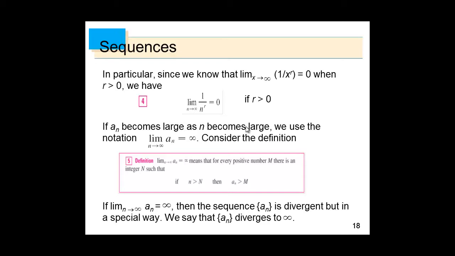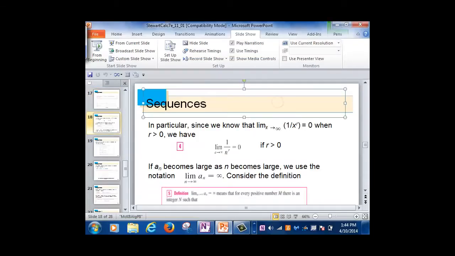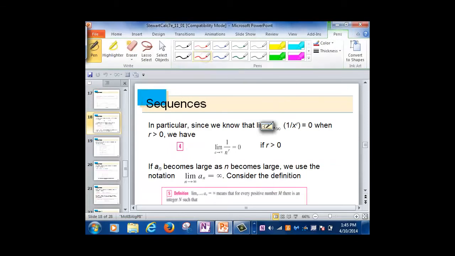Well, note that 1 over x to the negative 2 is the same as x squared. You guys agree with that? So if I have 1 over x to the negative 2, that's the same as x squared, right? So if r is negative, then the limit is what? Infinity. The limit is infinity in that case.